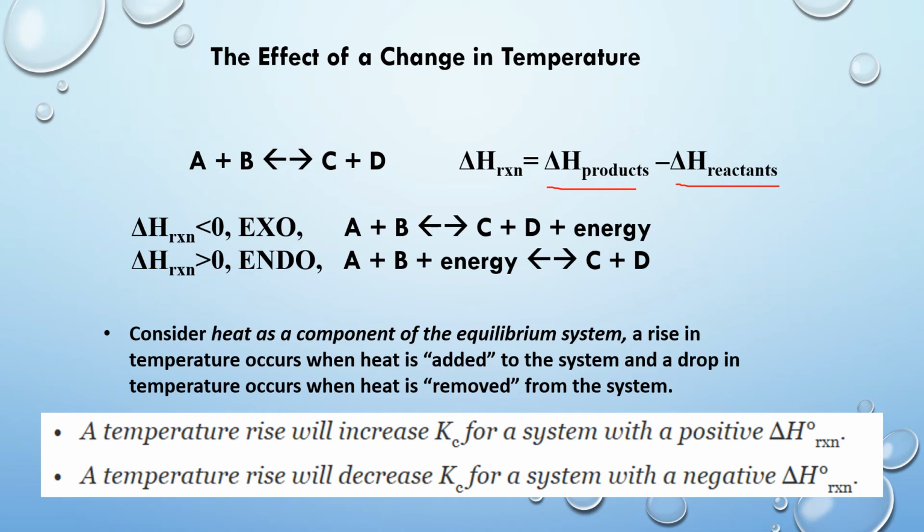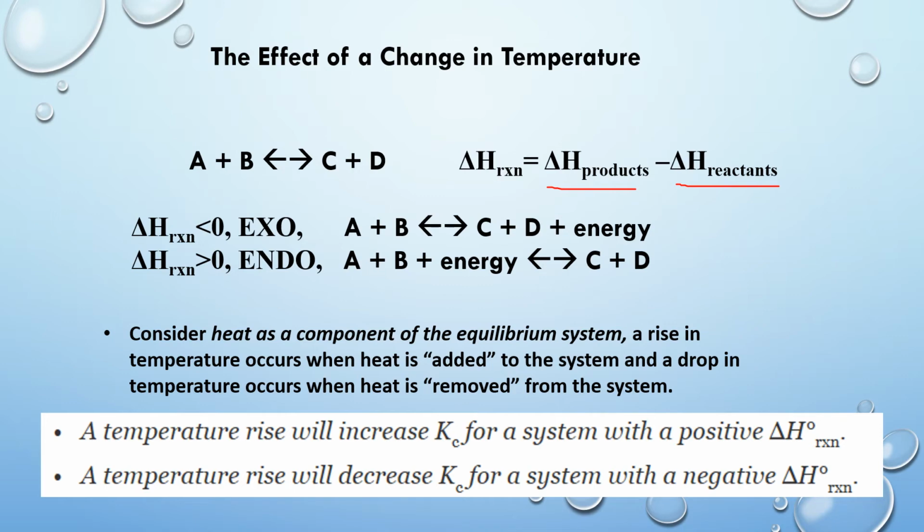To determine the effect of a change in temperature, a good way is to treat temperature as energy. The higher the temperature, the higher the energy. For a chemical reaction, you can consider this energy as a component of this equilibrium system, just treat it as a reactant or a product.